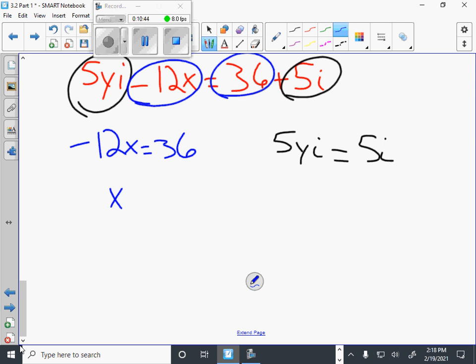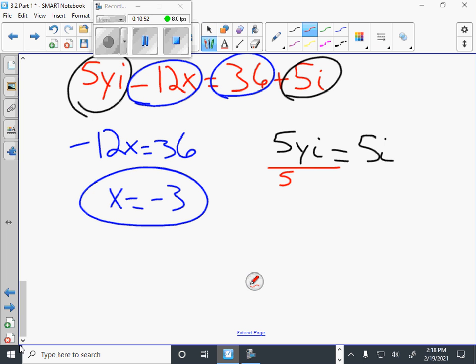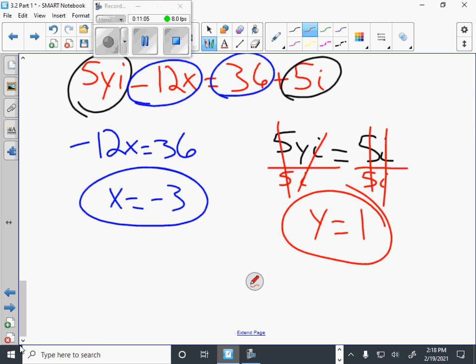You should get x is equal to negative 3. And divide by 5i. Okay, here y is equal to, the i's cancel, the 5's cancel. What is anything divided by itself? 1.